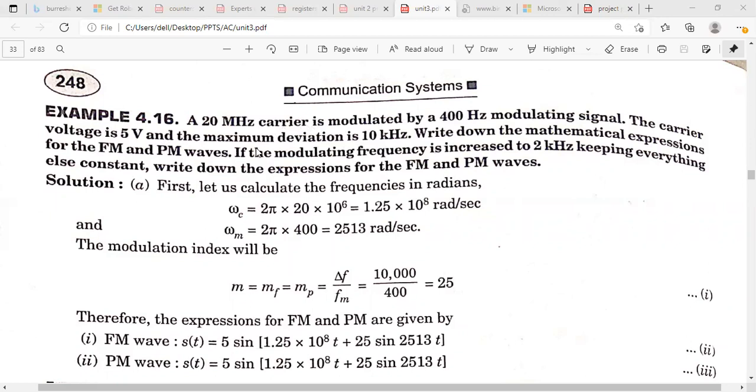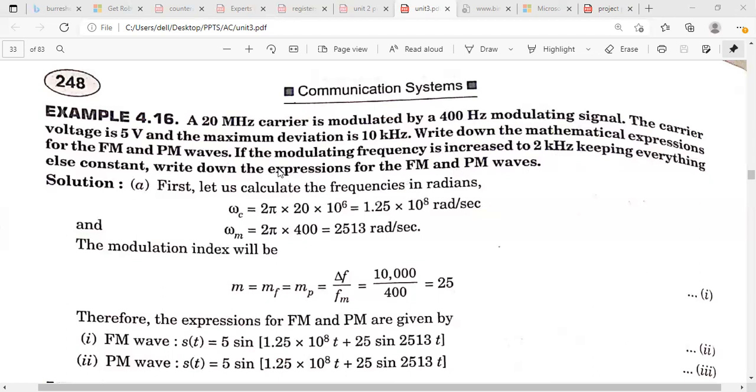Write down the mathematical expressions for the FM and PM waves. If the modulating frequency is increased from 400 Hz to 2 kilohertz, keeping everything else constant, write down the expressions for the FM and PM waves.